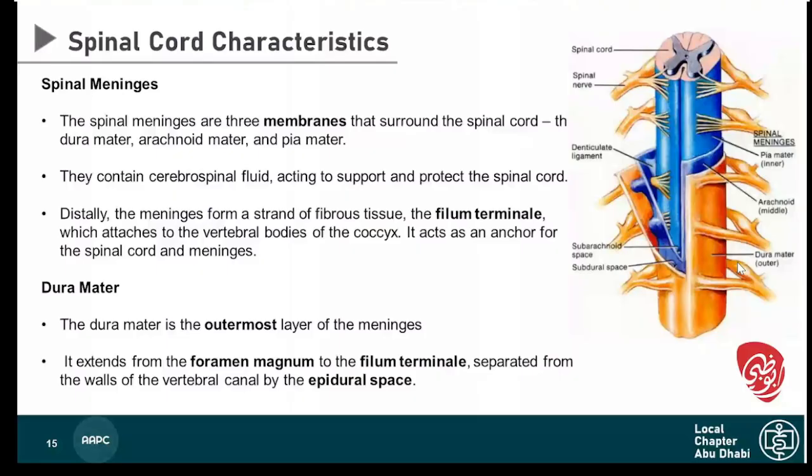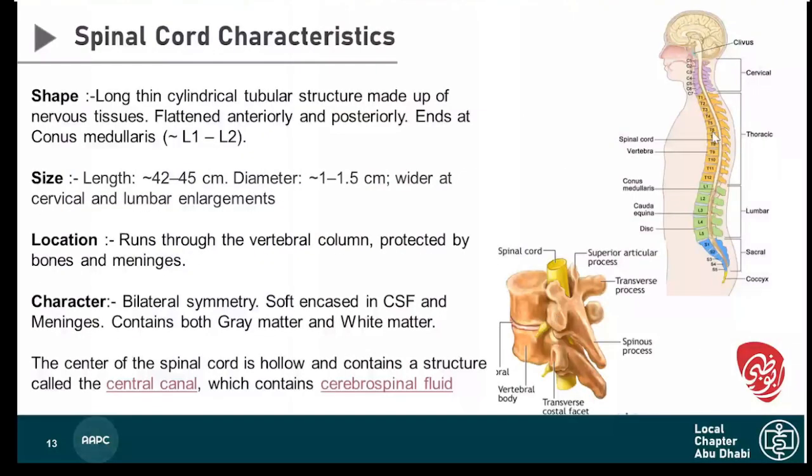It extends from the foramen magnum. Where is the foramen magnum? This vertebra has some space; it is called the foramen magnum. To the filum terminale. What is the filum terminale? As I already told, this central, cream colored portion is the spinal cord, and it ends in the conus medullaris and cauda equina, and this terminal part is known as the filum terminale.